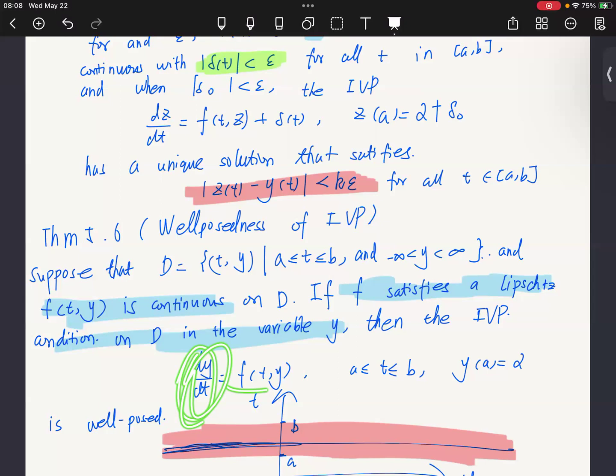So now what we do is quite similar to what we have in the numerical methods for differentiation.